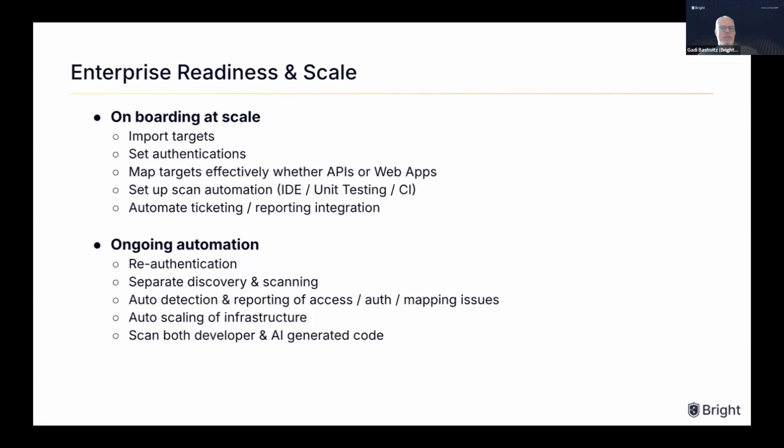The next one is really in the discovery part. So the ability to discover all the entry points and all the parameters, whether again it's an API or a web application, is critical.